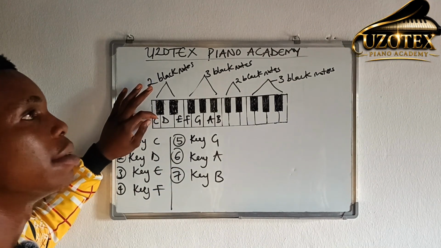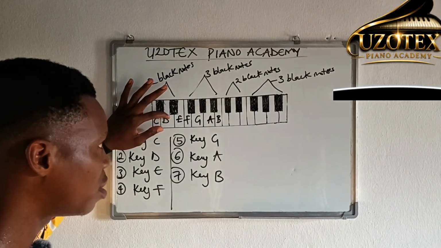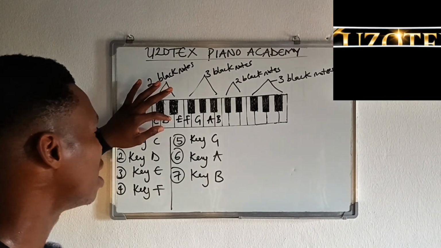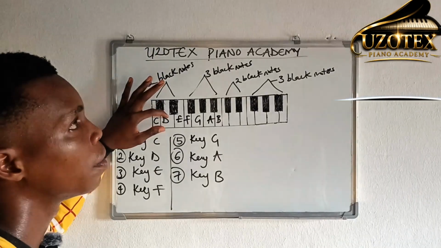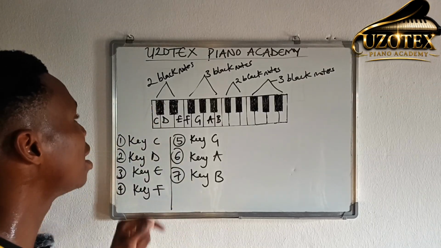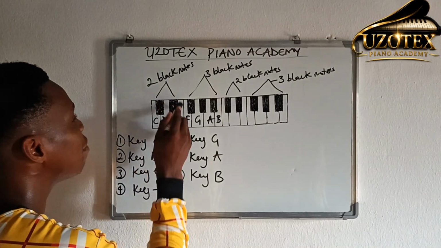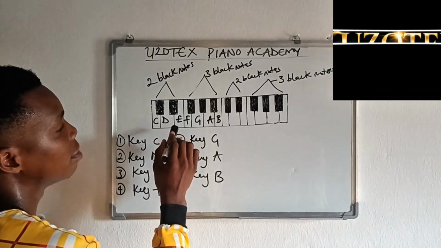Key D is the white note found in the middle of the two black notes. Key E is the white note found immediately after the second note of the two black keys.